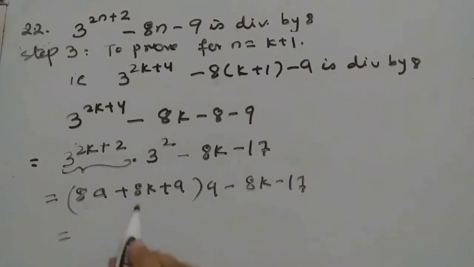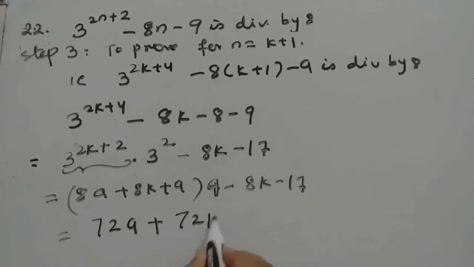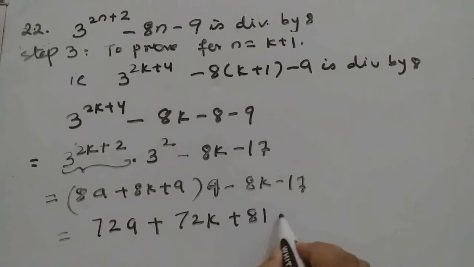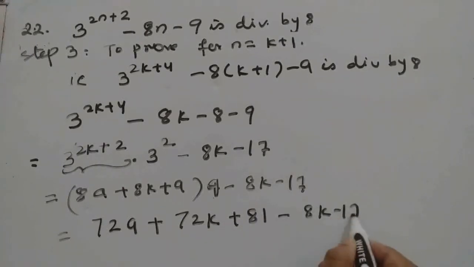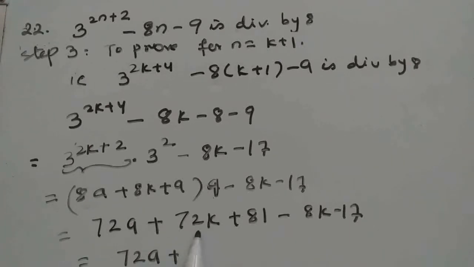So open the bracket, 72a minus 8k and 17 is already there. 72k minus 8k means 64k and this is 64.